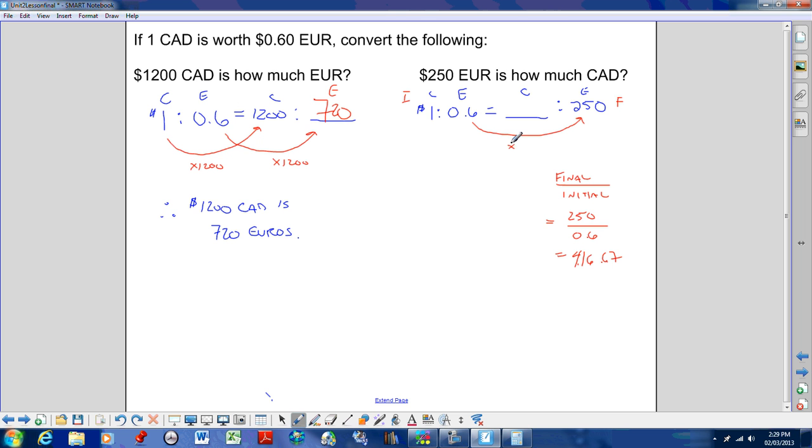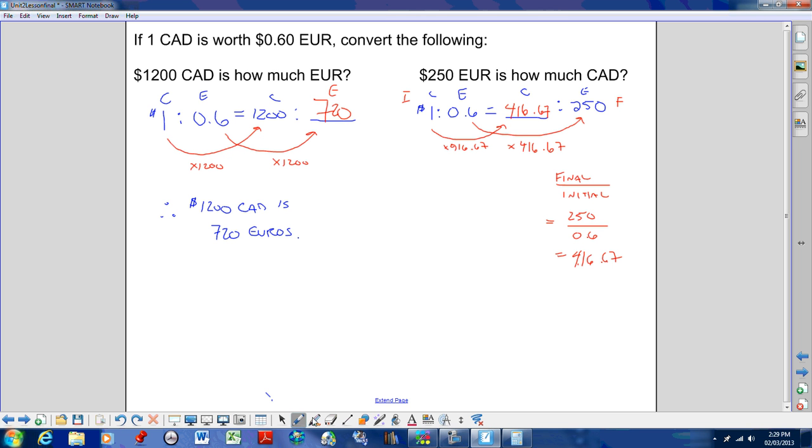So that means that I multiplied 416.67 by 0.6. Whatever you do to one, you have to do the same to the other. So I'm going to multiply that one by 416.67. Multiply them by 1, so I don't even need to get the calculator out.